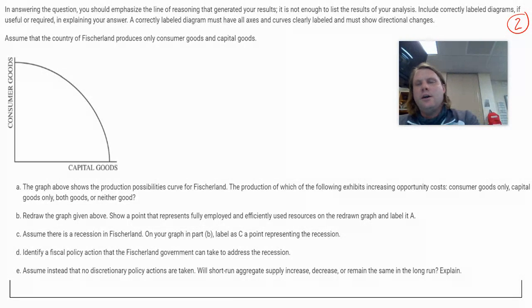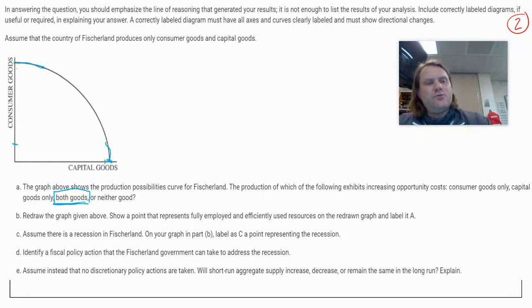Oh, sorry, I read it. Both goods, right? If I move from here to here, I give up this many consumer goods to gain that many capital goods. If I move from here to here, I give up many more capital goods than I do consumer goods. So it's both. The curved line always shows both. I apologize for that.